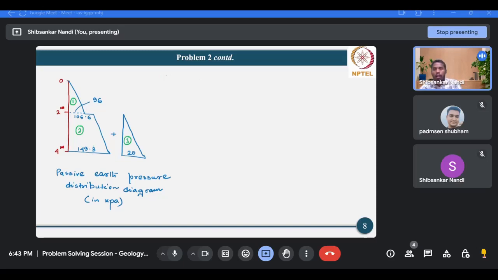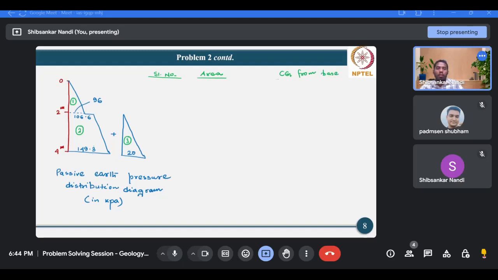calculate the area. So this is the serial number, means component. This is the area, and this is the CG from the base.